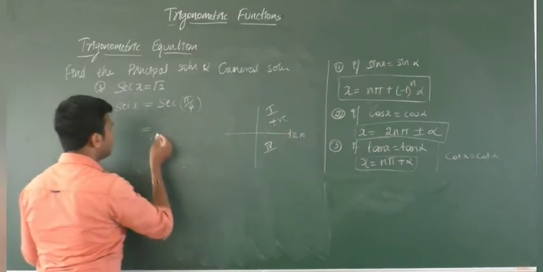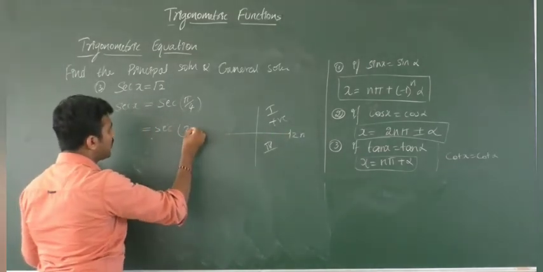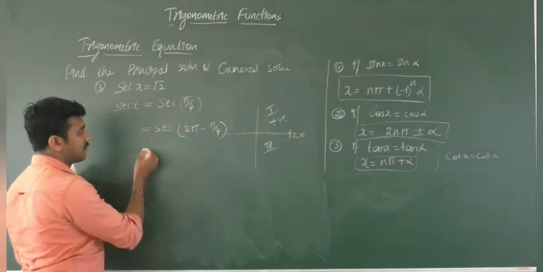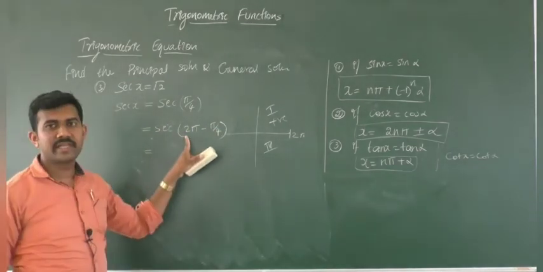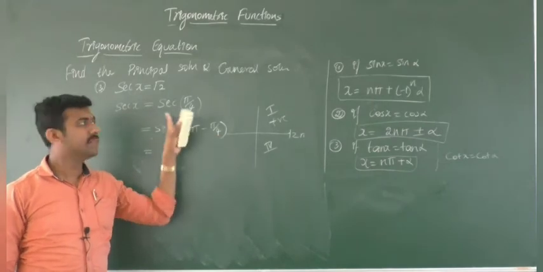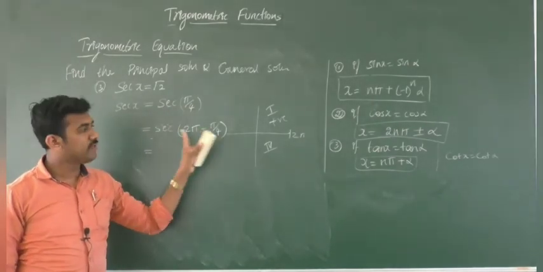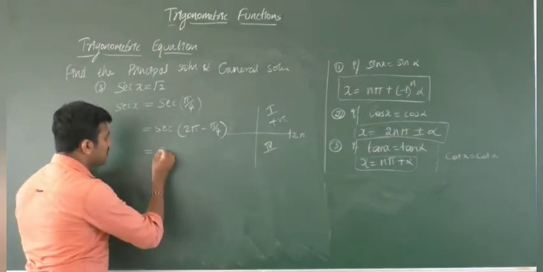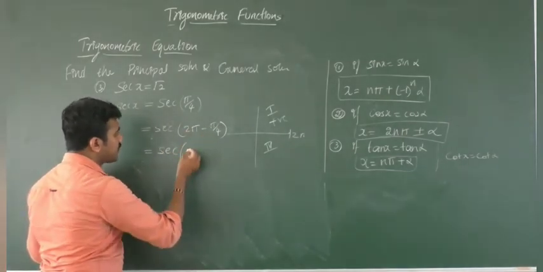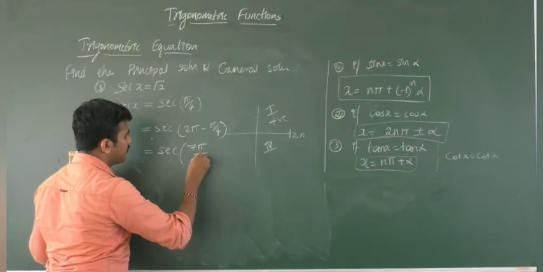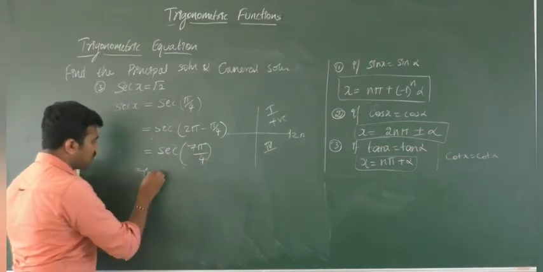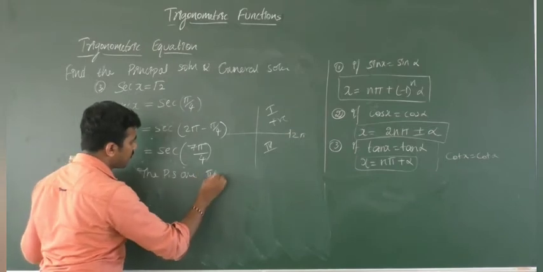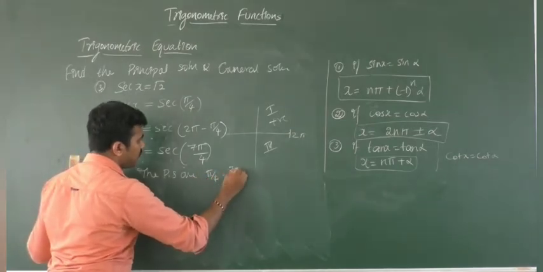Okay, see, secant of 2 pi minus pi by 4 is nothing but secant pi by 4, because if you have 360 degree minus theta, you get the same trigonometric function. And in the fourth quadrant secant is positive. Okay, now this is nothing but secant 8 pi minus pi, 7 pi by 4. Okay, the principal solutions we can observe here are pi by 4 and 7 pi by 4.